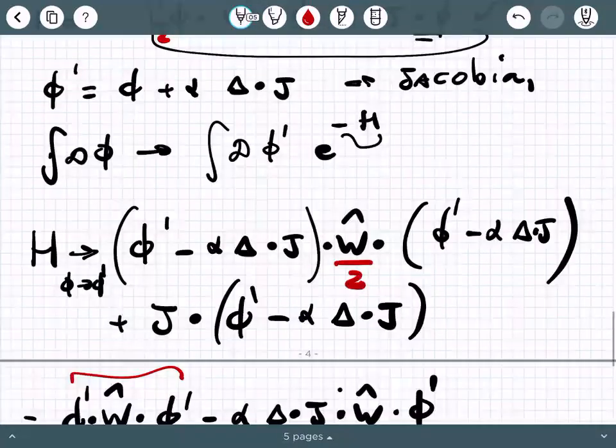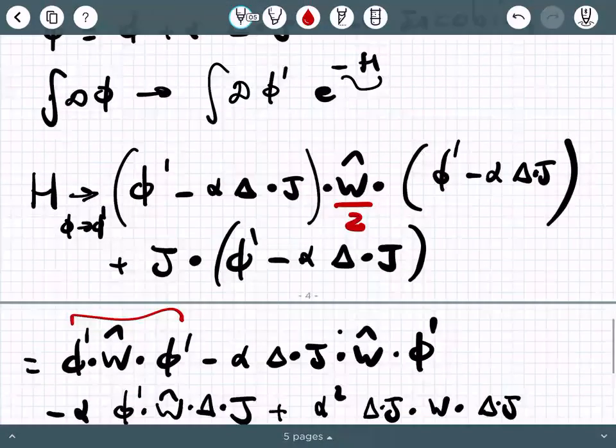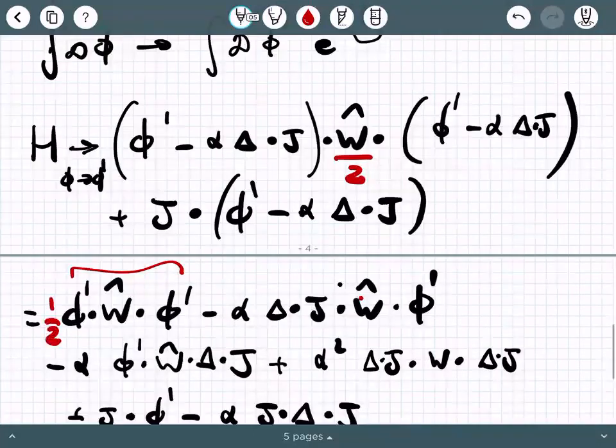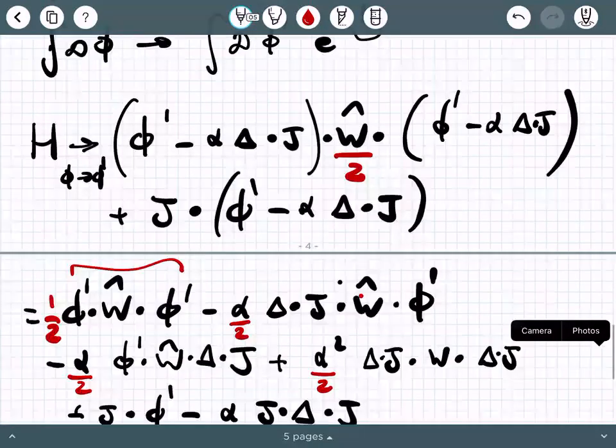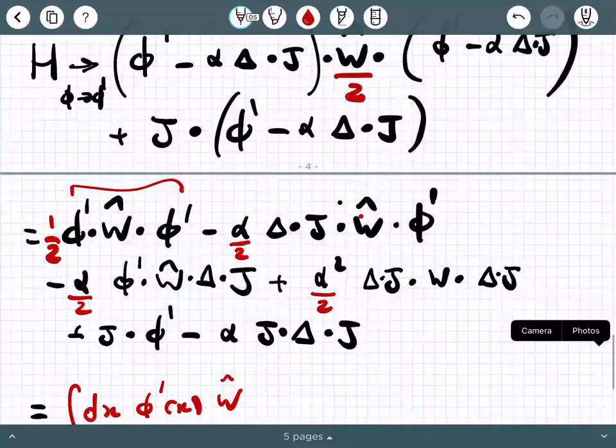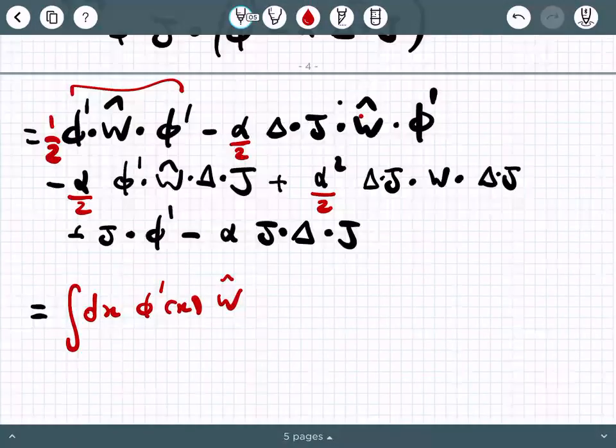Here is 1/2 missing. So I have a 1/2 here. All of these terms have a half, and these two terms don't have a half, the last two terms.